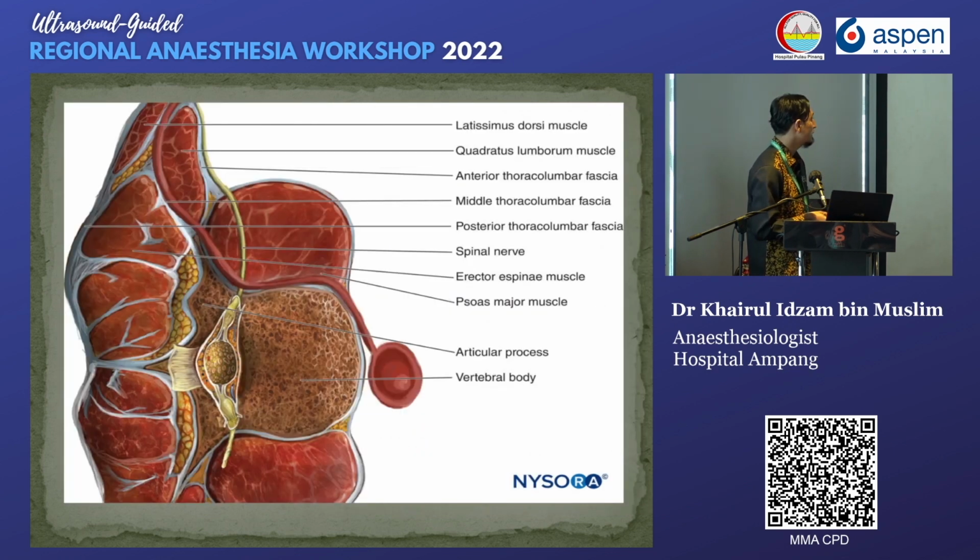So this is another image of the QL muscle, okay, and the latissimus dorsi. So usually we aim our QL3 in between the QL muscle and psoas major muscle.